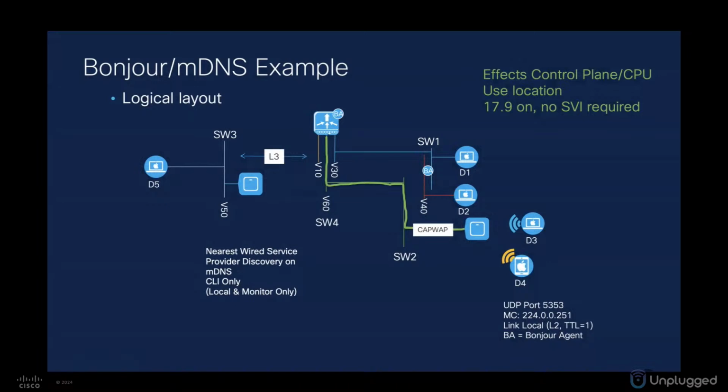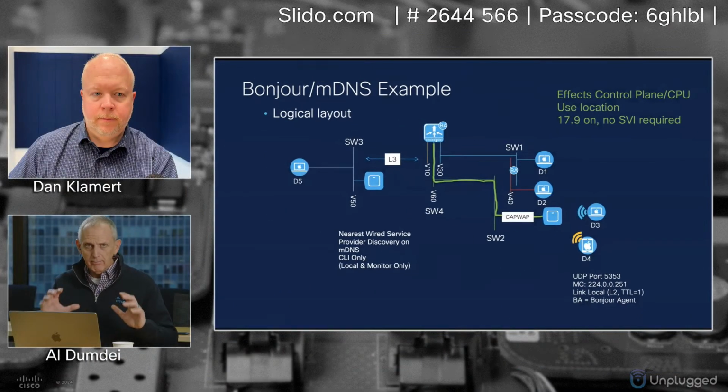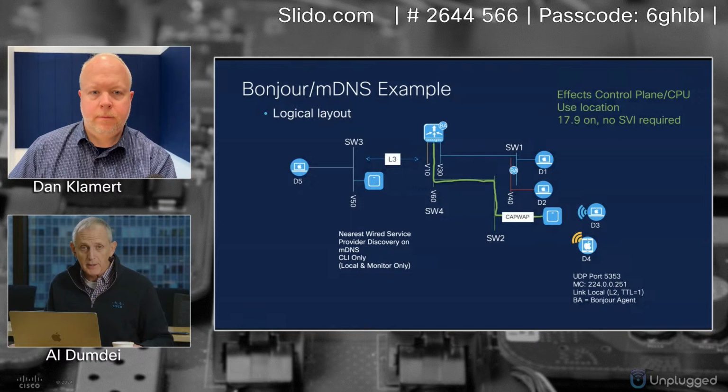So it may be a local mode access point, it may be just wired services, and you can construct a fully filtered, fully managed Bonjour network across your entire architecture. Across your entire campus, multiple campuses, whatever that is, you can define that across that entire architecture.